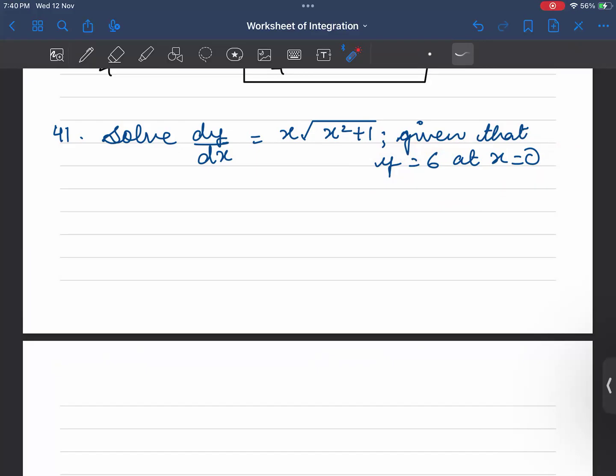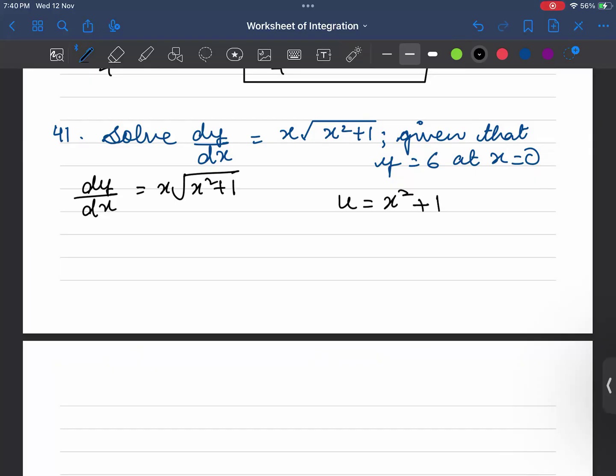So dy by dx equals x root x square plus 1. I can say u equals x square plus 1. So can I say du upon dx equals 2x?